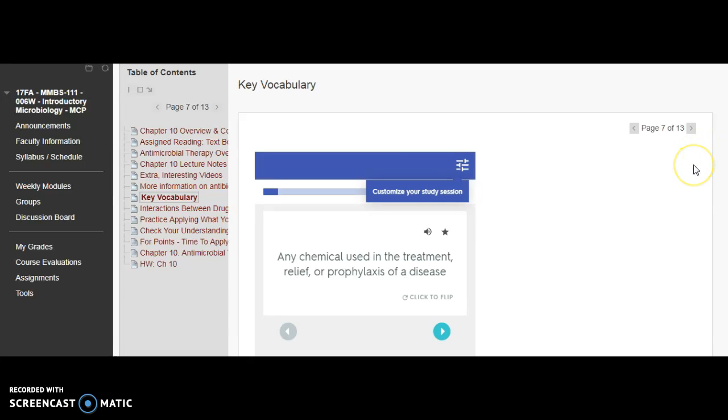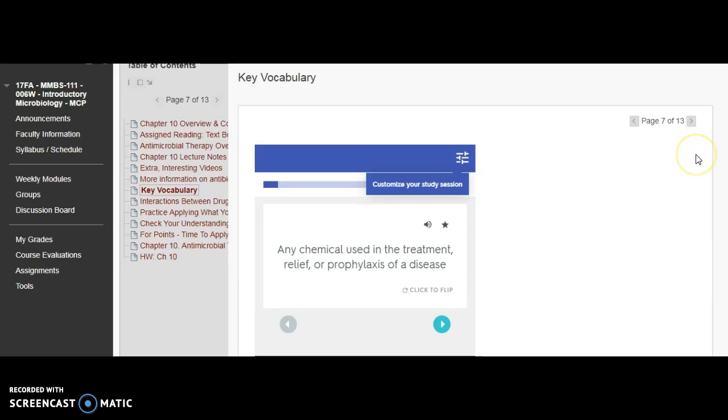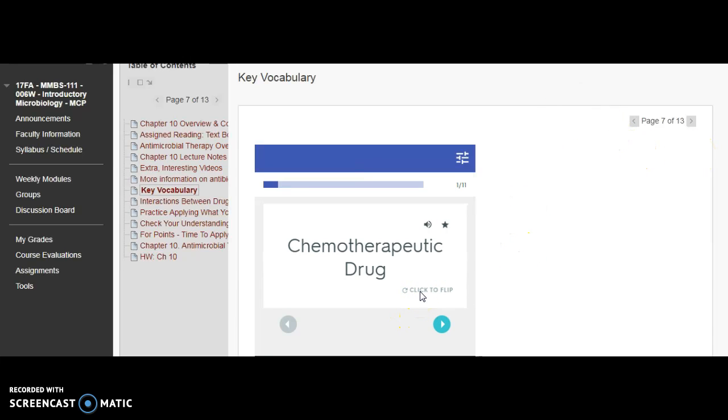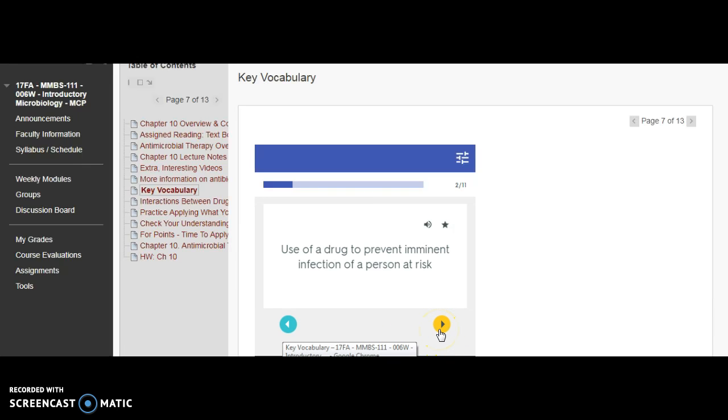That is also information that you need to memorize. This is really a flashcard device. A chemotherapeutic drug is any chemical used to treat, relieve, or prevent a disease. You can go through, there are 11 of them.